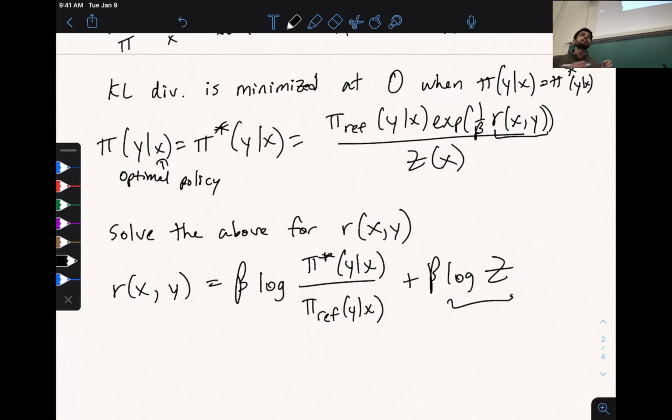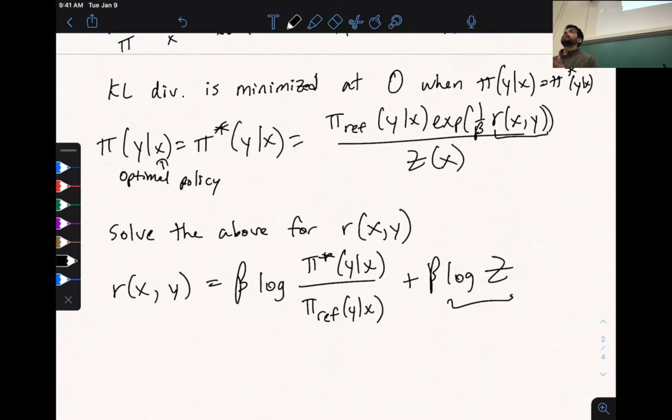Because it requires summing over every single output y that you could ever come up with given any prompt x, right? There's no way I can compute this term here. So what we are actually hoping is that at some point I can get a version of this when I substitute this reward where these z's cancel out and I don't have to compute it.